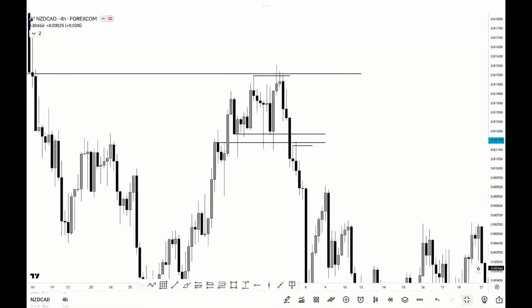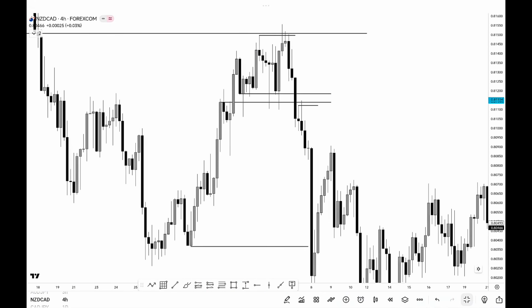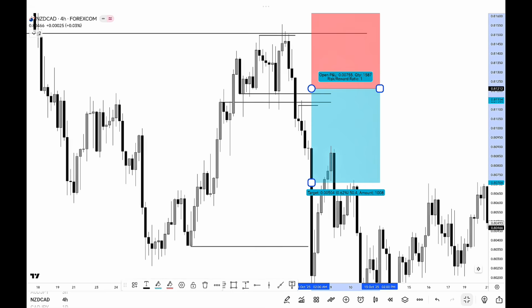I said there is a high tendency that you use POIs that are very close to your liquidity, so that you can actually avoid missed entries. So take a look at this. If you have to take a sell from here, it's going to be something like this.